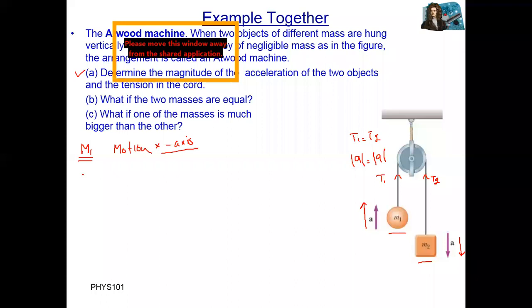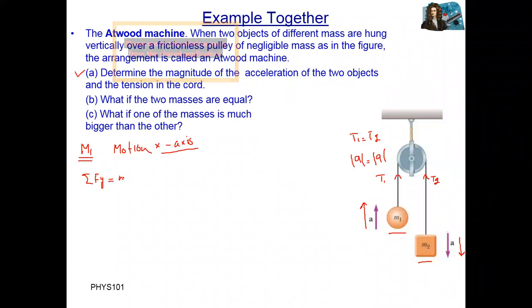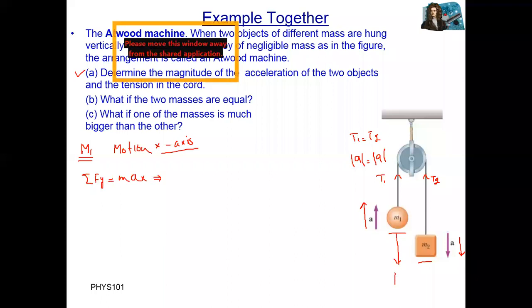So I can write that the sum of all forces along the y-axis is equal to mass times acceleration, because we have acceleration now. How many forces are there? One force is downward, the gravitational force Fg.